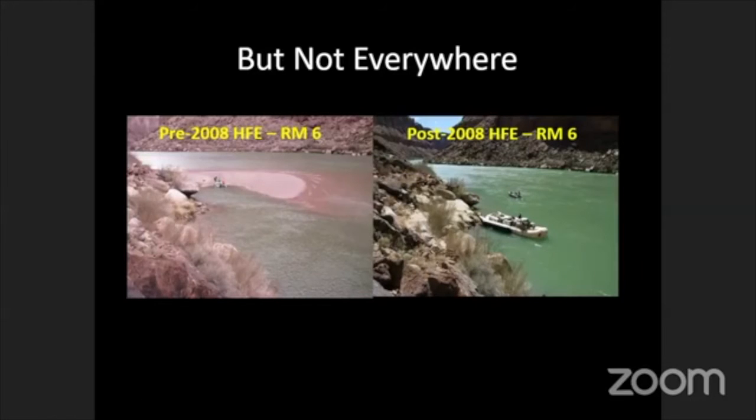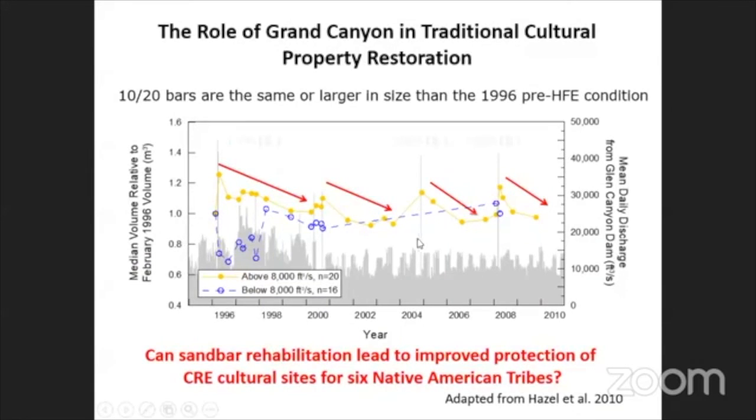The implications of these planned flows are that in some cases, sand accumulation at some sites with wind transport can help rebury exposed archaeological sites.